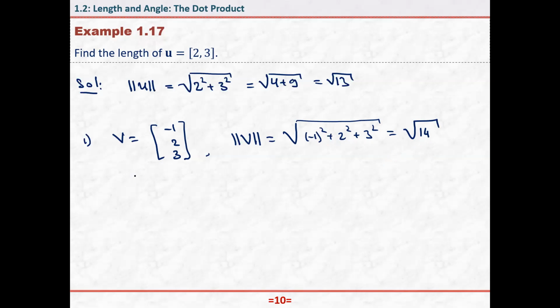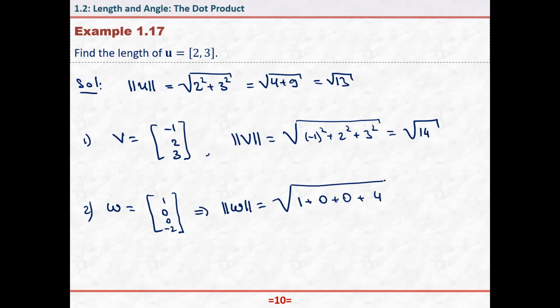Okay, and if we have another vector, let's say W, this is from four-dimensional space, 1, 0, 0, -2, for example. What is the norm? The norm of this vector W is equal to square root of 1 squared plus 0 squared, 0 plus 0 plus -2 squared, that is 4. So the length of this vector is 5.